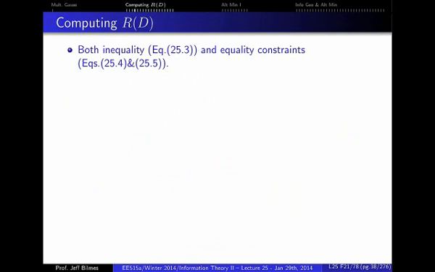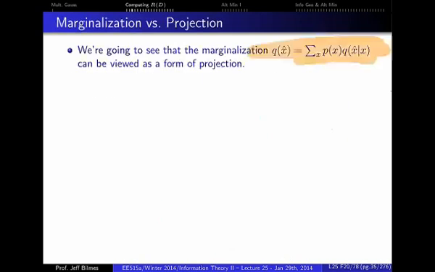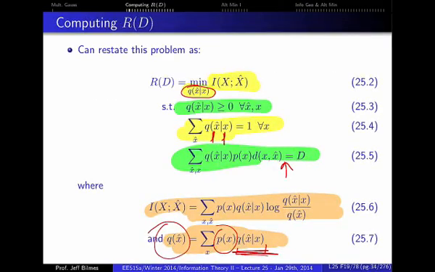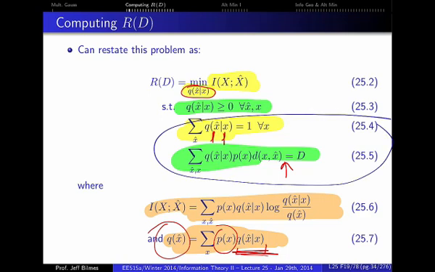Now, getting back to the original optimization problem, we have both equality constraints, namely these guys, and inequality constraints. The inequality constraints ensure that the probability values are non-negative, because if they're negative, it doesn't make any sense. And the equality constraints ensure that everything sums to 1.